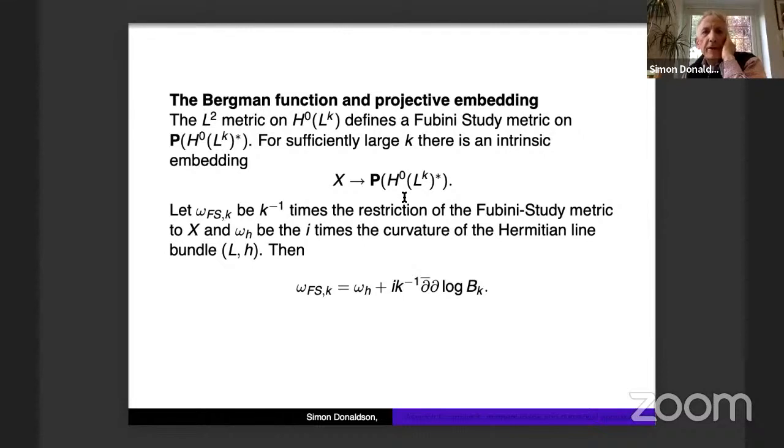On the other hand, the L2 metric on the space of sections defines a Fubini-Study metric on that projective space. So we get a Kahler metric on X by restricting the Fubini-Study metric. And we'll divide that by k in order to normalize so that it's in a fixed Kahler class independent of k.